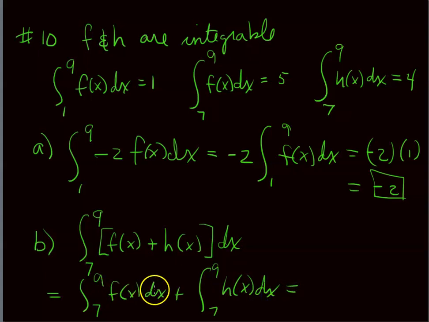Now this integral is 5. This integral is 4. So you get 9. And they've got a bunch of those parts that you can show that you remember all the rules. One more, and then we'll call it quits, and you can start working on yours.